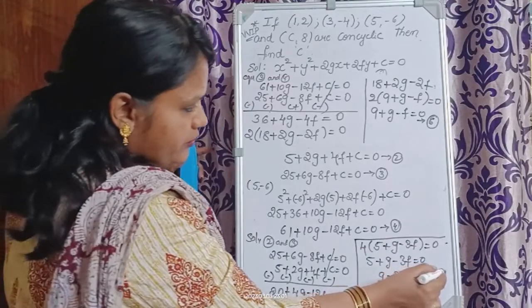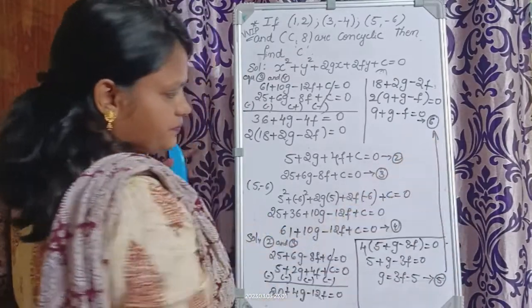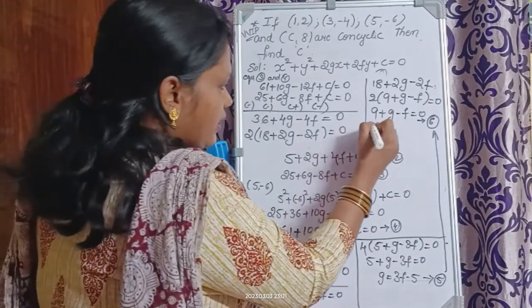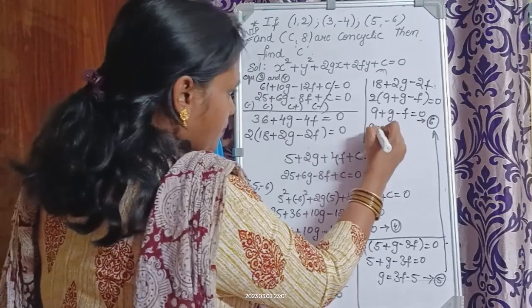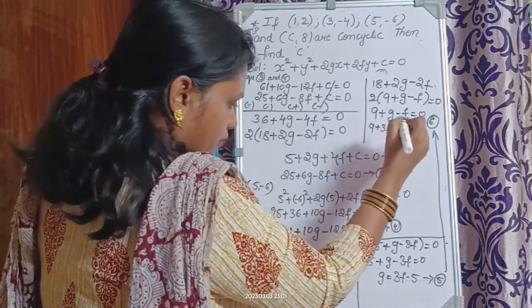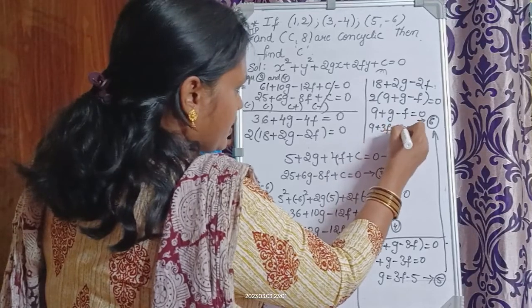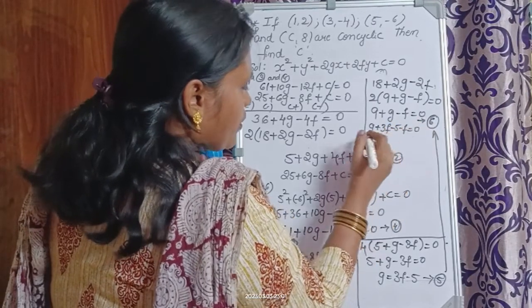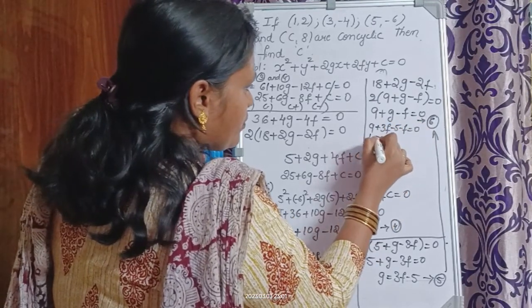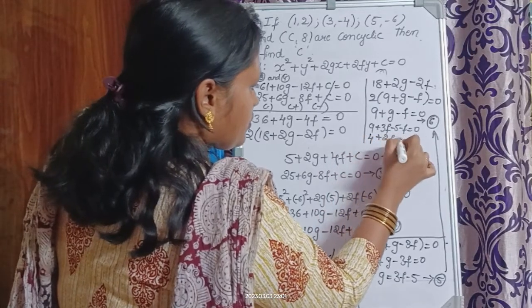Now substitute equation 5 over here, right? Then you will get 9 plus 3f minus 5 minus f is equal to 0, or 4 plus 2f is equal to 0.